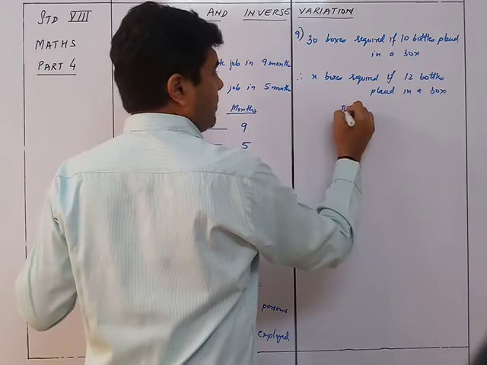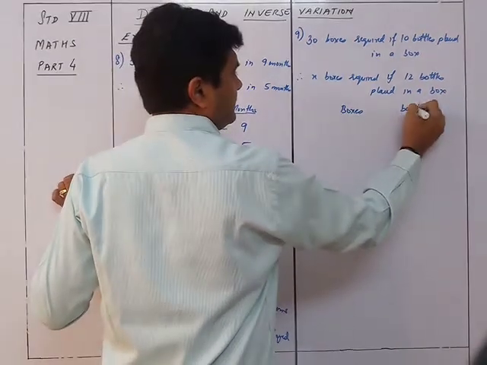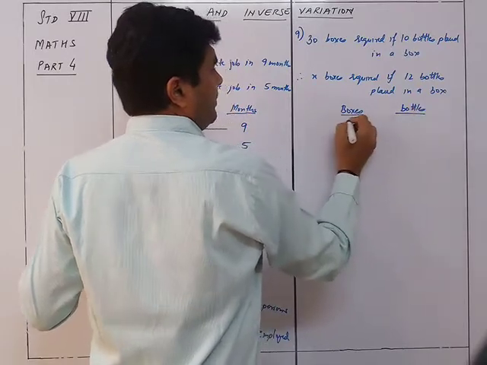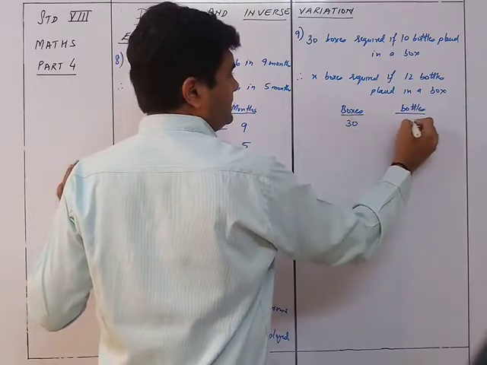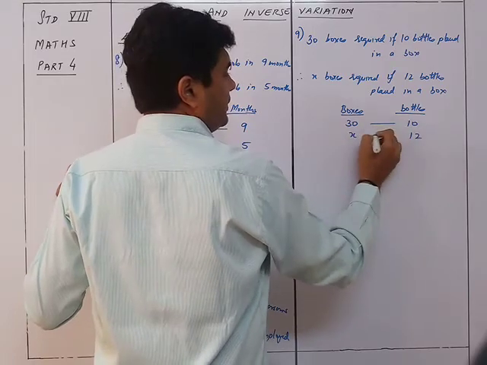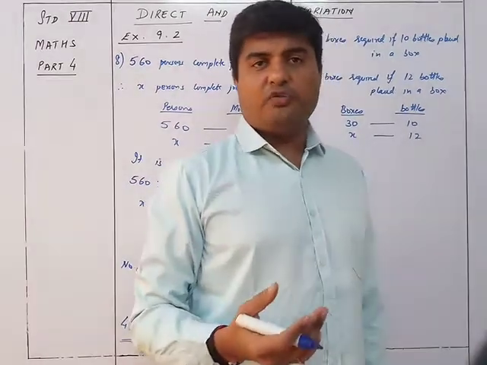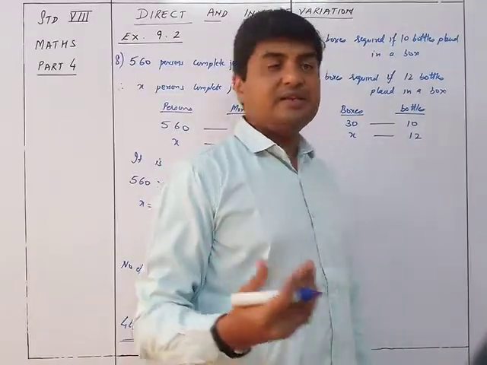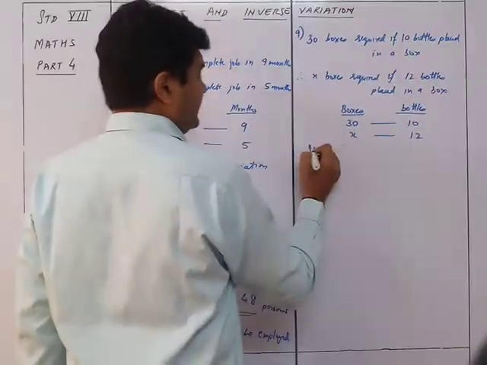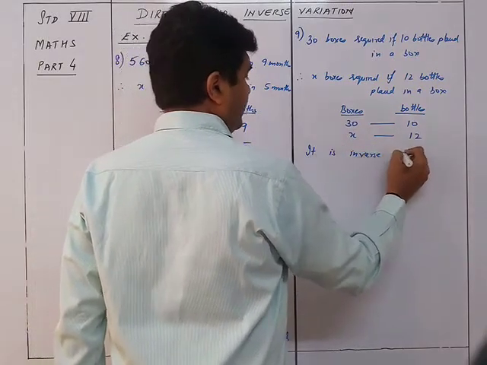So we got over here boxes and bottles. Boxes 30, bottles 10. Boxes X, bottles 12. More the number of bottles in the box, lesser the number of boxes required. Hence, it is inverse variation.